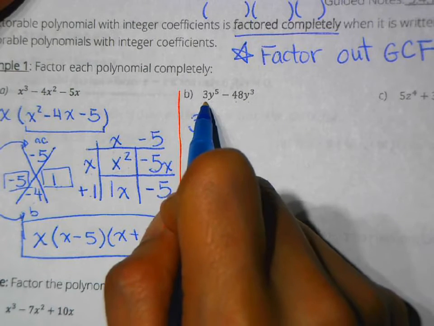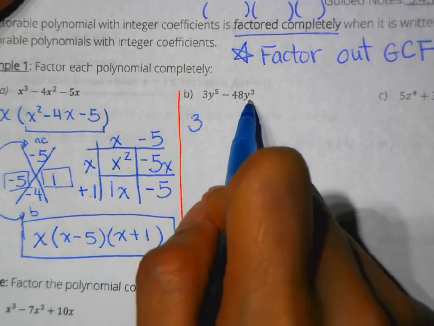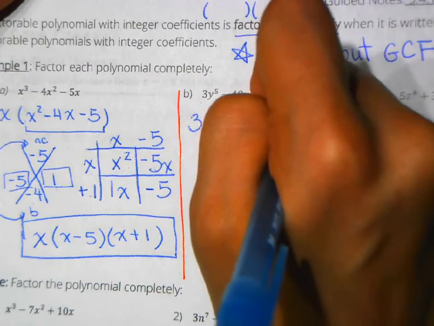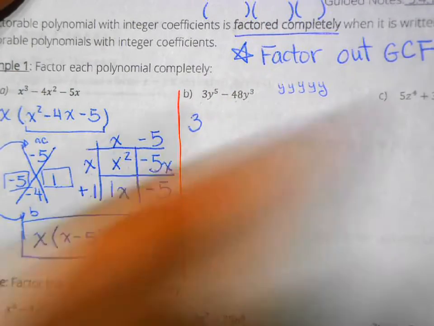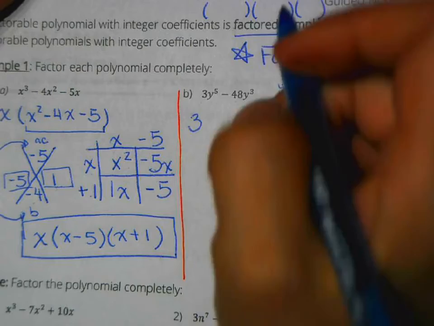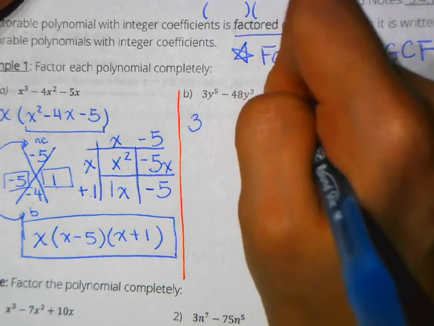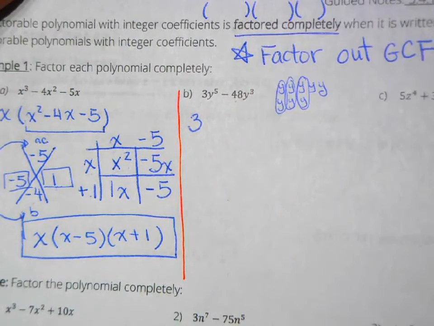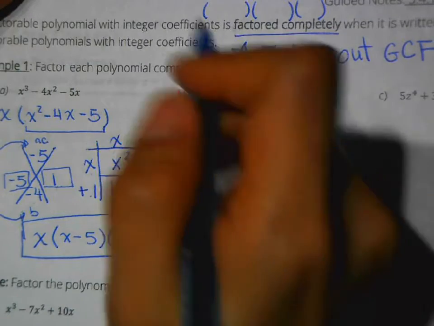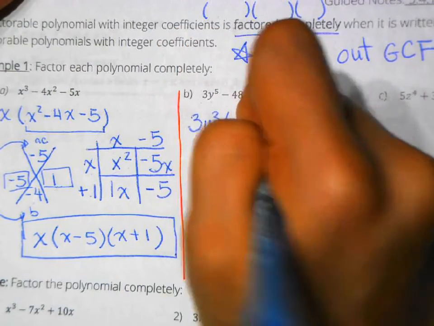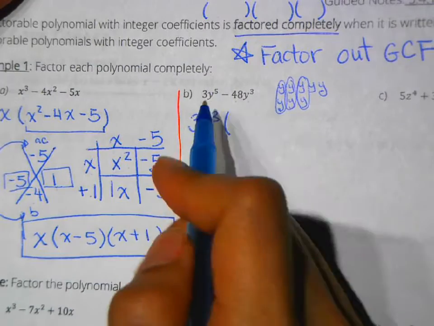There are 5 y's and 3 y's. There are 3 y's in common, because if you write it out, the first has y times itself 5 times and the second term has 3 y's. There are 1, 2, 3 y's in common. So that's y to the third power. That's my greatest common factor. And then let's divide that out.